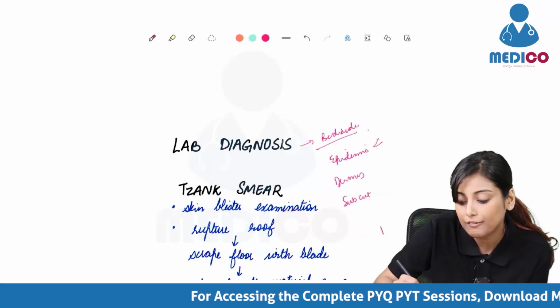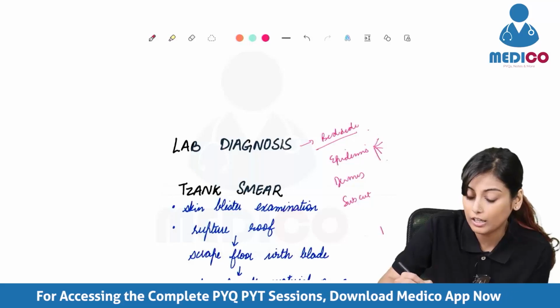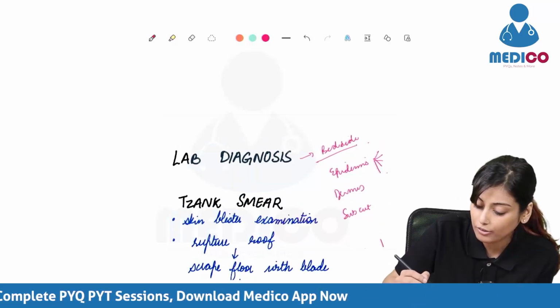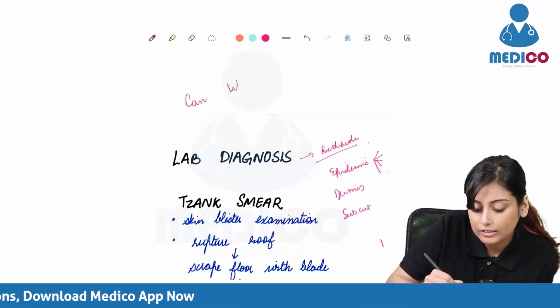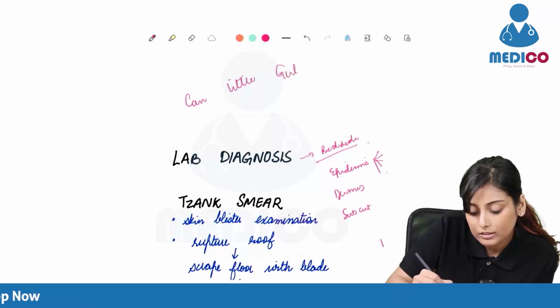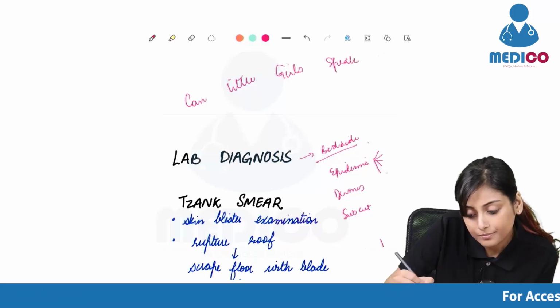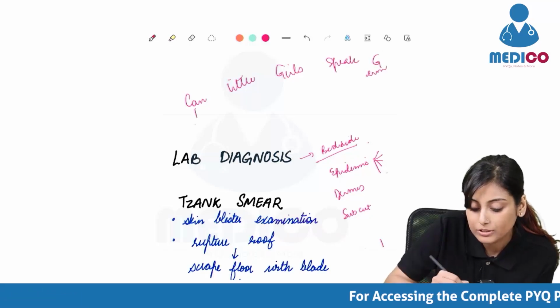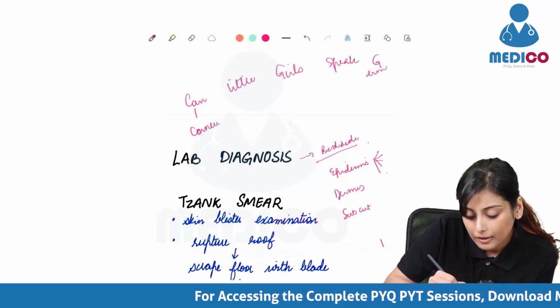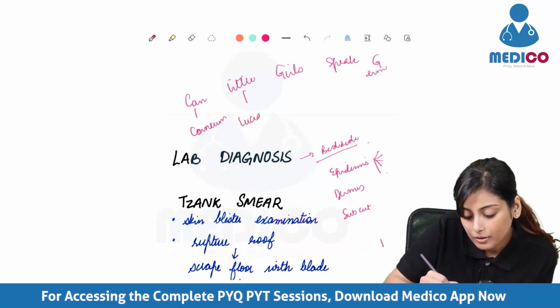In the epidermis, we have five layers. In case you don't know them, there is a mnemonic for that: Can little girls speak German? C is corneum, L is lucidum.